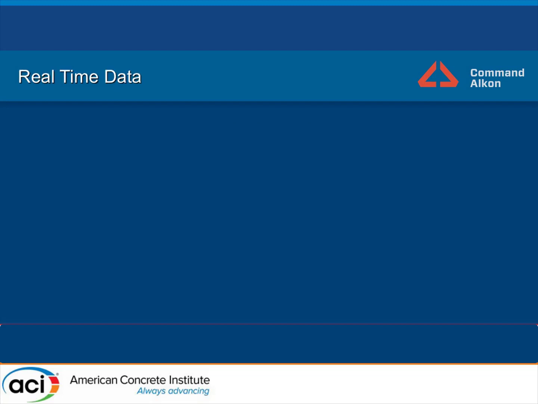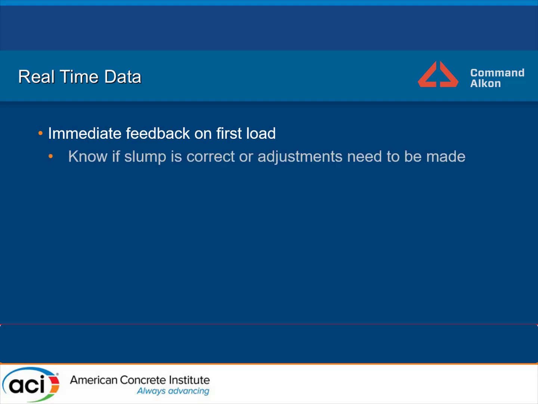Real-time data on the probe system that we get is phenomenal. We get immediate feedback on that first load and know where it's slumping and what the temperature is. This was really important in one of my critical projects that I'll talk more about at the end. And we know if the slump is correct, or whether or not we need to make adjustments.